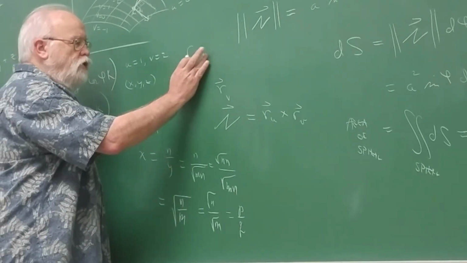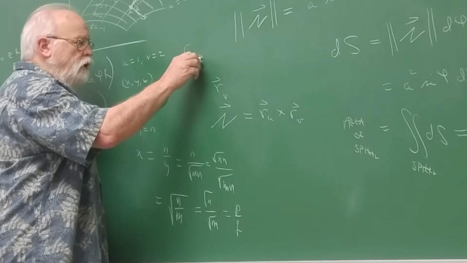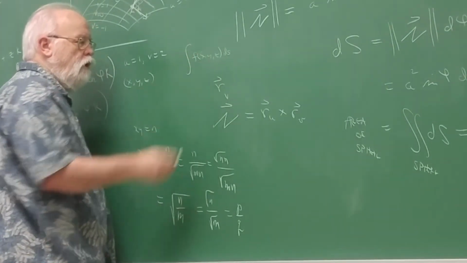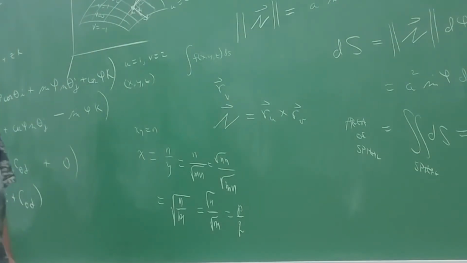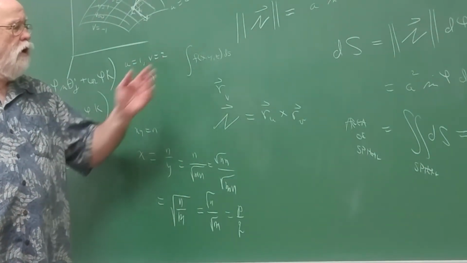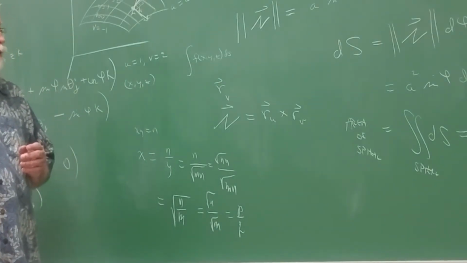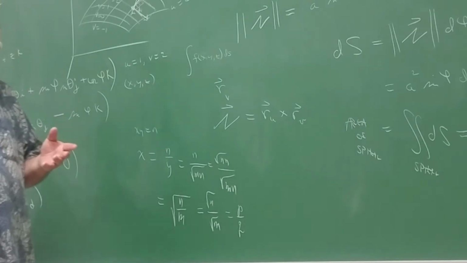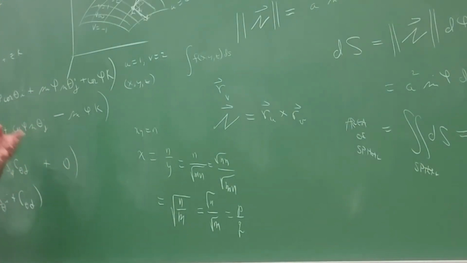If I wanted a more general one, I just put a function with it. If f of x, y, z isn't 1, then this is not area. Depending on what it might be, it might be a density, in which case I get a mass. It might be a variable like x, y, or z, in which case I get a centroid coordinate, all that kind of thing. So it's the same deal here.